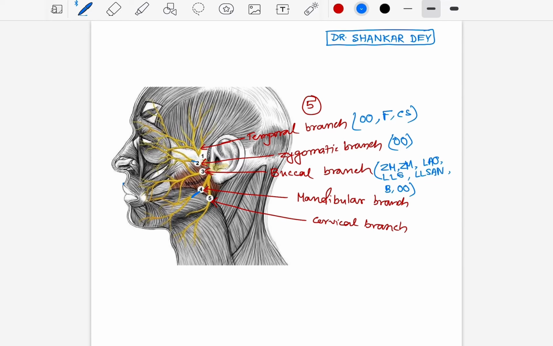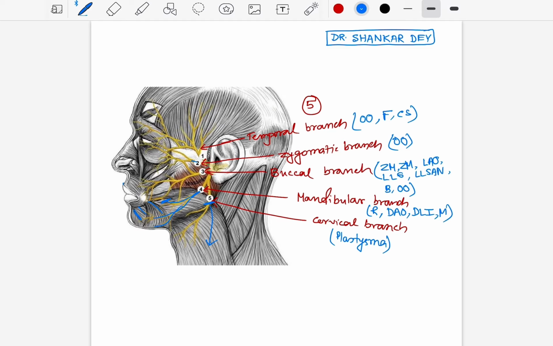This is supplying risorius, depressor anguli oris, depressor labii inferioris, and mentalis muscle. And lastly, this fifth branch is supplying the muscle in the cervical region or neck, that is platysma. So facial muscles are supplied by these terminal branches of facial nerve.